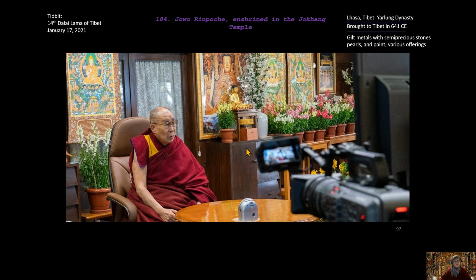So some tidbits here. This is the 14th Dalai Lama of Tibet, meaning the highest Lama of Tibet. And this is a picture of him on January 17th, 2021. He was talking to the business school of Harvard. And what I want to point out about this image is that right back here is our piece, just the picture of our piece, showing that it is Tibet's probably most sacred object, and it's a unifier of their religion.